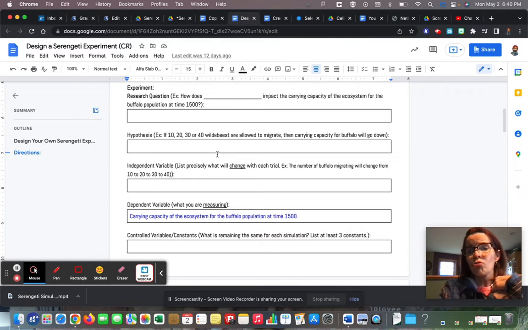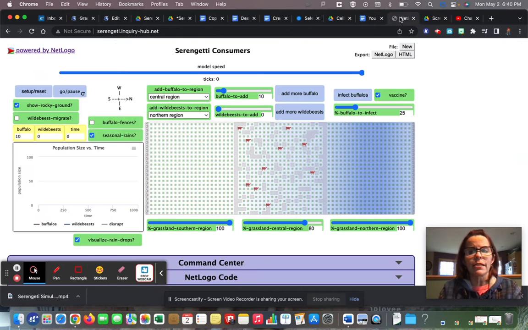Now you have to choose what you could change. So let's talk about some possible things that you could change. You're not allowed to change things that we already changed, but you're allowed to change them in new ways that we haven't changed them from before. For example, one thing you could do is take down all the fences. Notice I unchecked buffalo fences, so there's no fences here.